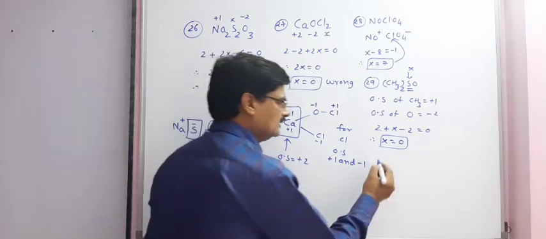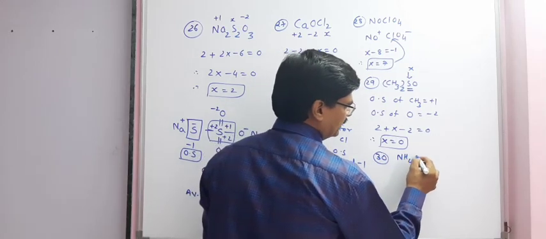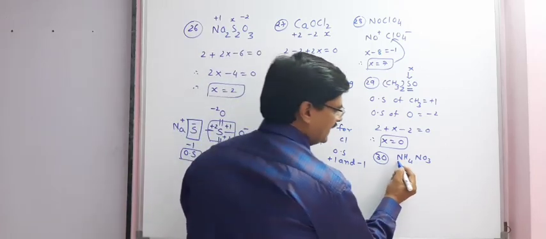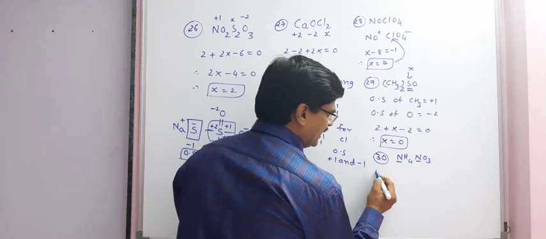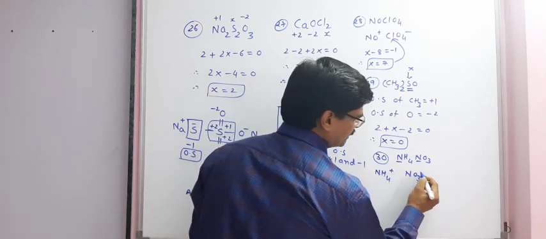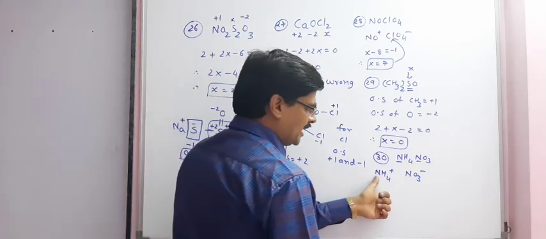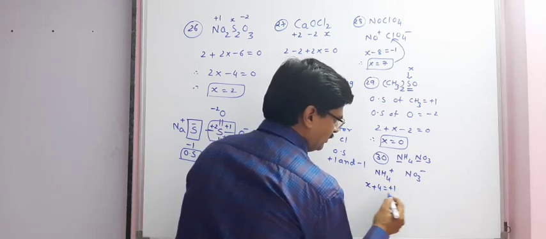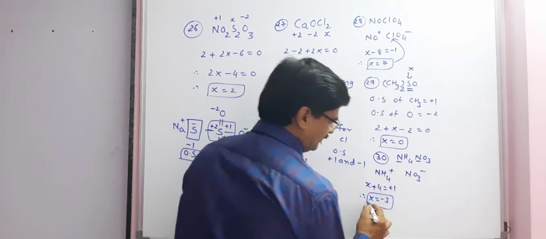One more case, NH4NO3, in which we have to find out the oxidation state of both the nitrogens. We separate them as ions, NH4 plus and NO3 minus. Here the oxidation state of nitrogen will be x plus 4 is equal to plus 1, therefore x is equal to minus 3.